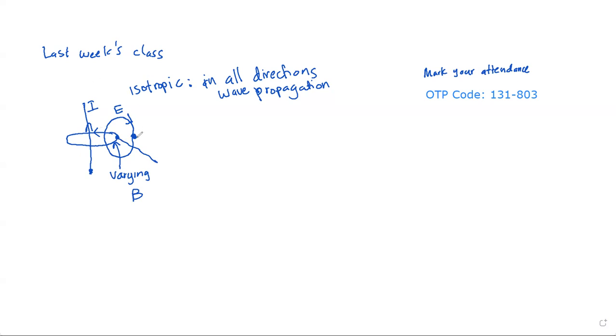Electric field going down means the magnetic field is rotating in this direction, so the magnetic field will be generated in this direction. Is it clear?